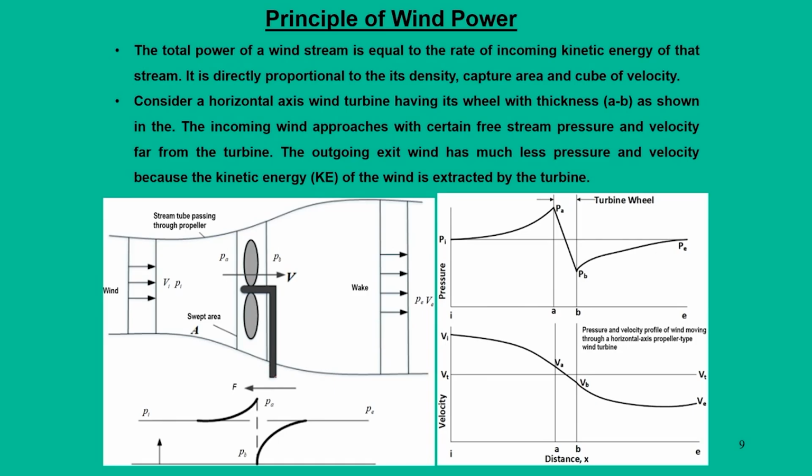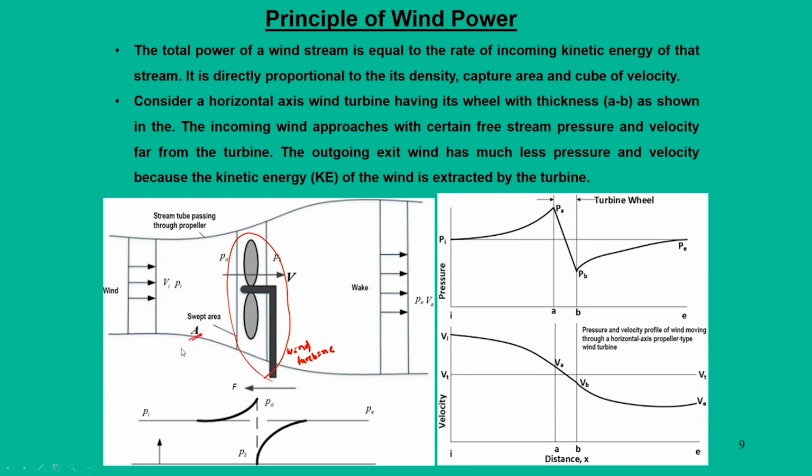To harness wind energy, we require some structure and we call that a wind machine, and as you refer to this figure, this is the schematic view of a wind machine, typically called a wind turbine, and it is installed at a particular geographical location, and depending on the size we can fix its area, what is called the swept area.